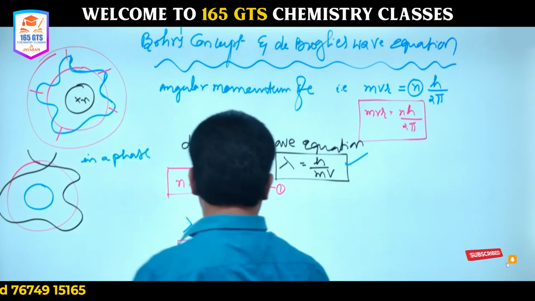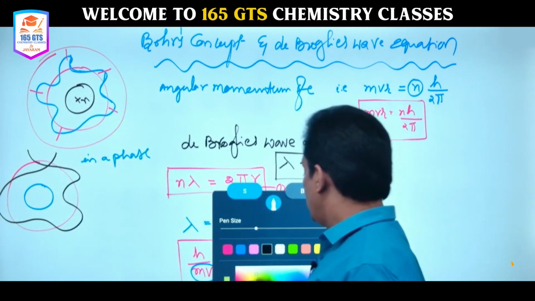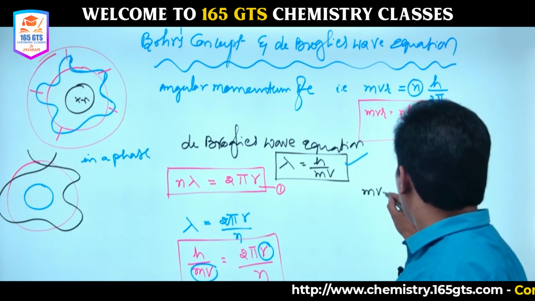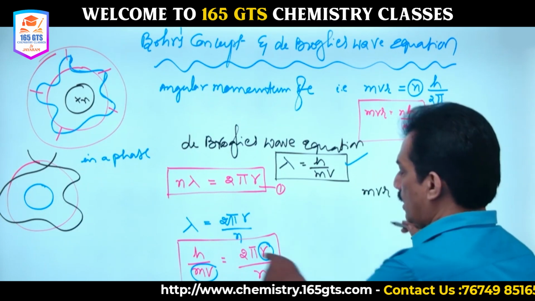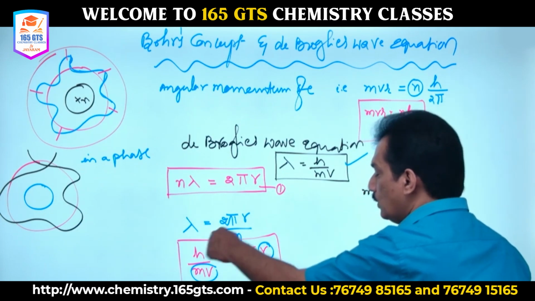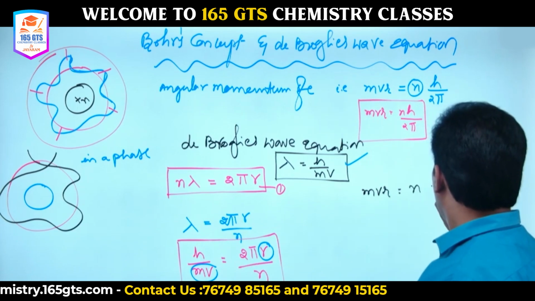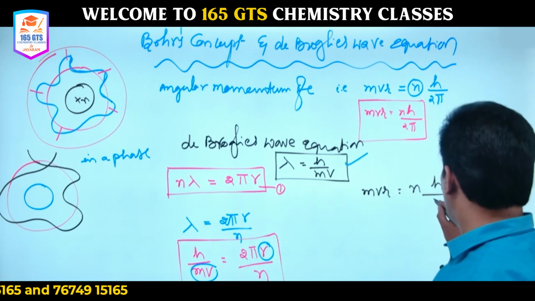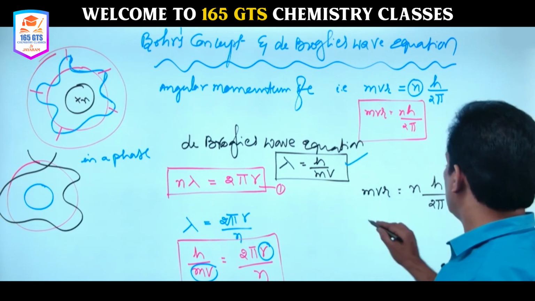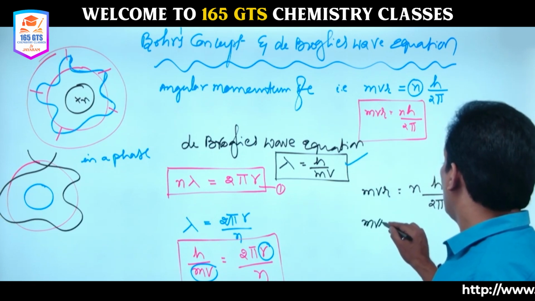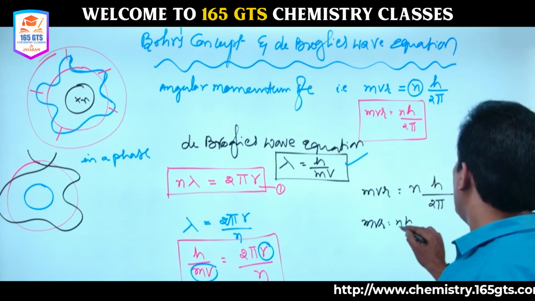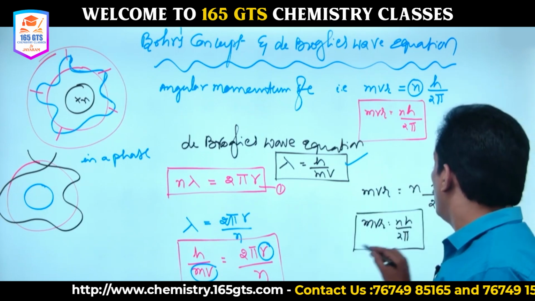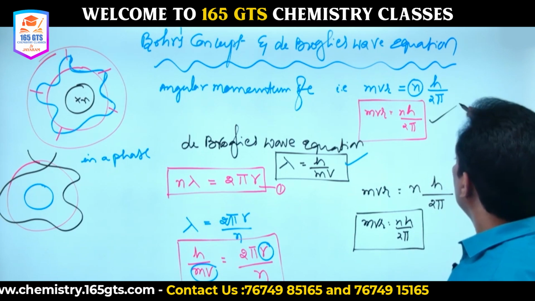When all these three are on one side, n and h will go there, and 2 pi comes to the denominator. That is mvr is equal to nh by 2 pi, which is nothing but Bohr's quantum condition.